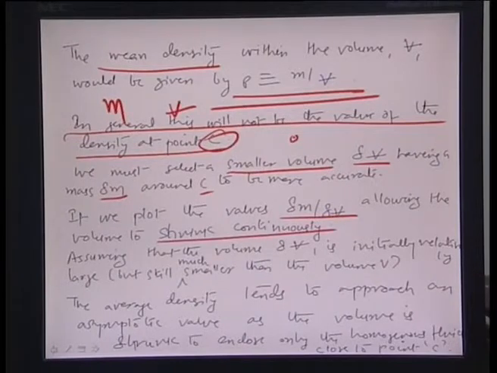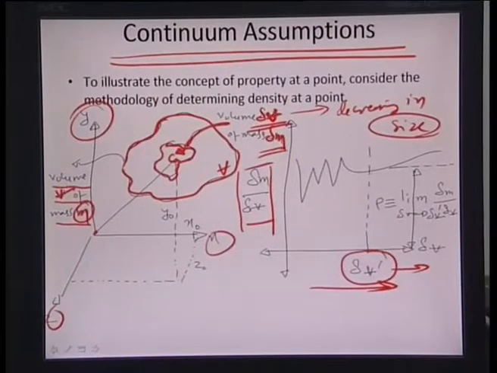There is a certain volume here, let us say delta V cross dash, beyond which the density rapidly increases and becomes asymptotic to a fixed mean value.